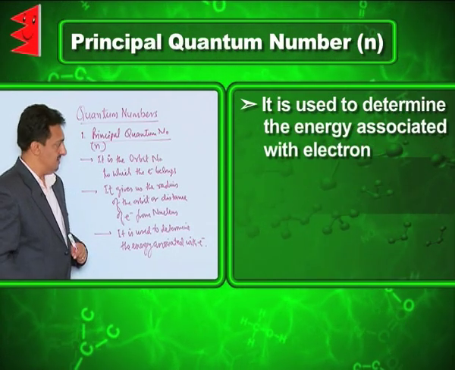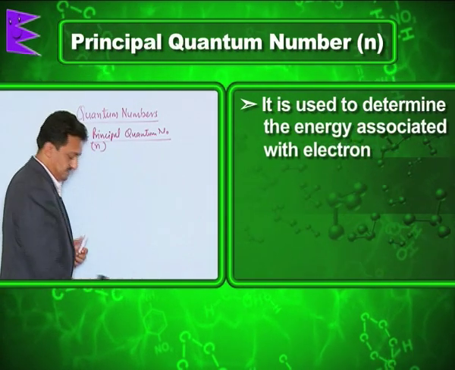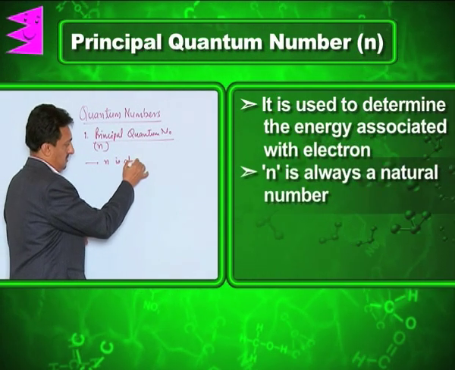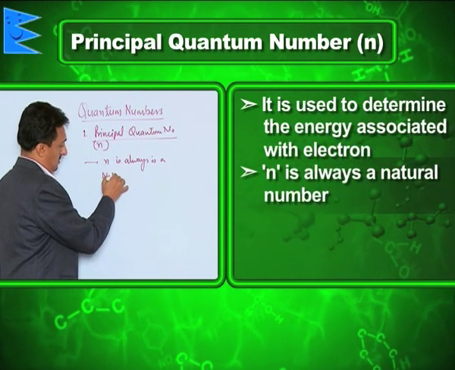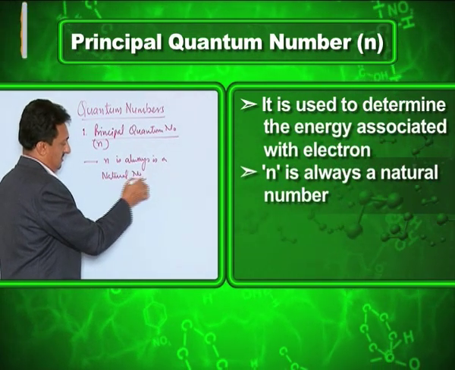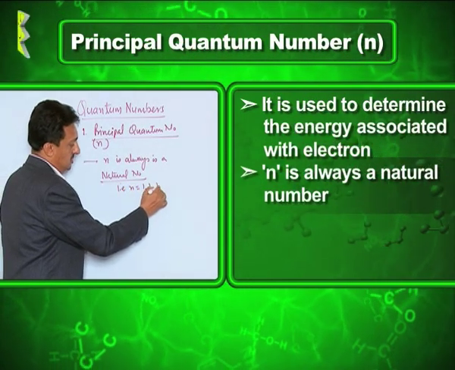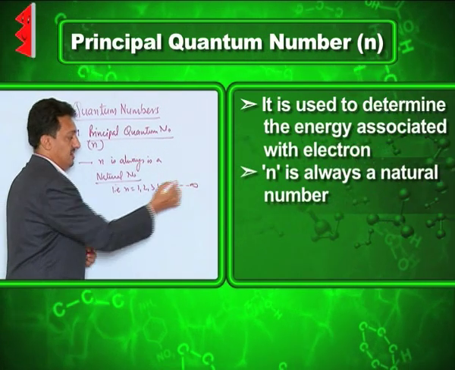And then, most important, this n is always a natural number. That is, n can be 1, 2, 3, 4, 5 like this up to infinity.